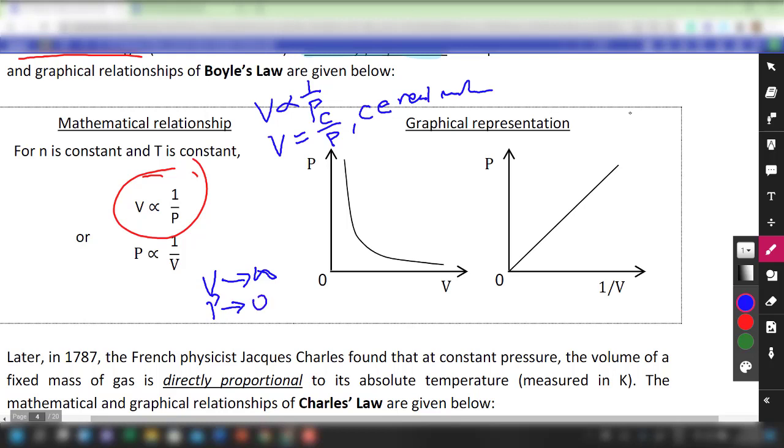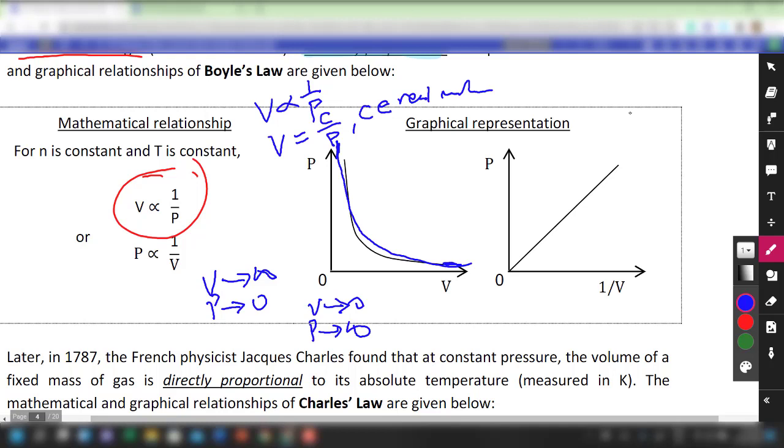At very high volume the pressure is close to 0, but it will not hit 0, so there will be an asymptote. As volume approaches 0, pressure will approach infinity, a very large value. If you connect these two parts, you will get a curve like this.